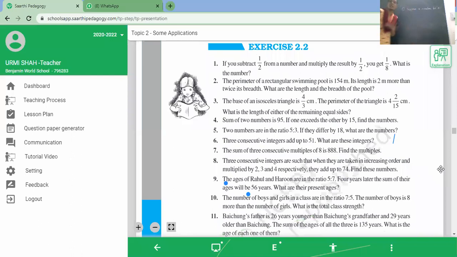You are assuming the number, that number should be x only. You are subtracting 1/2 from a number, so x minus 1/2, and multiply the result by 1/2.